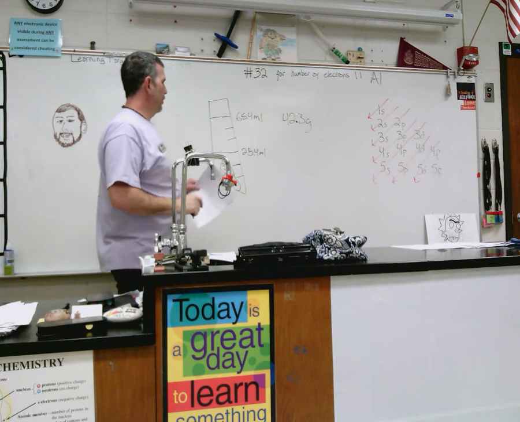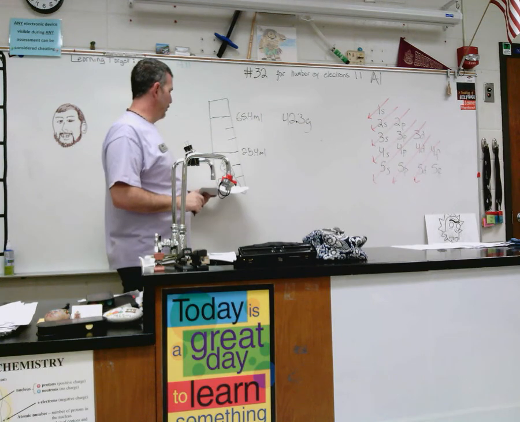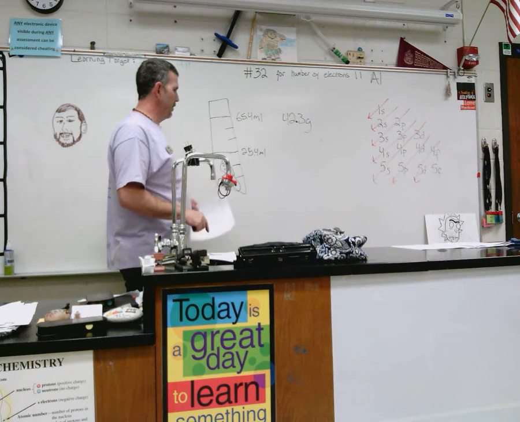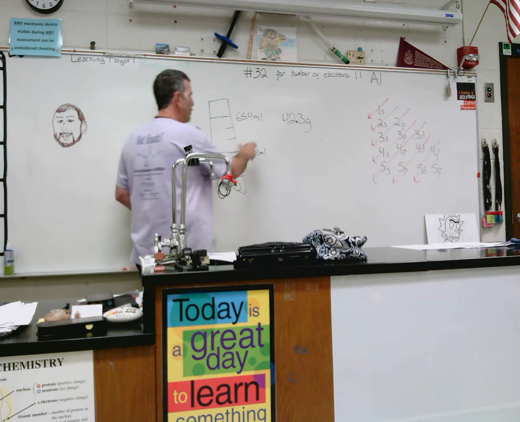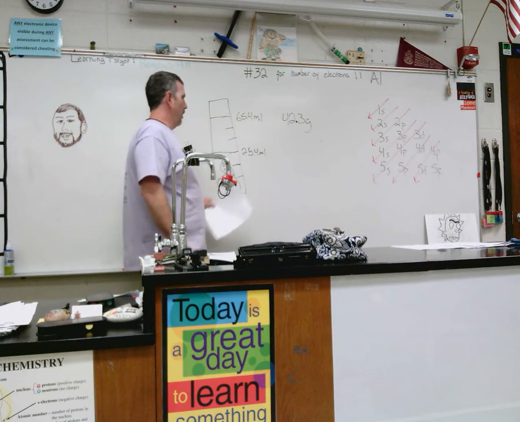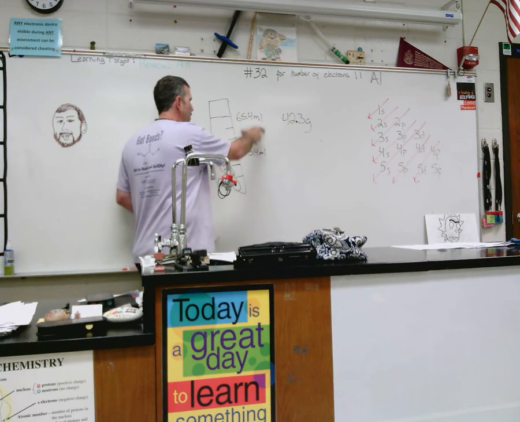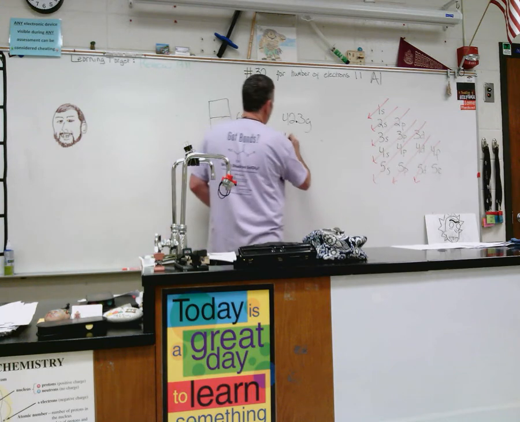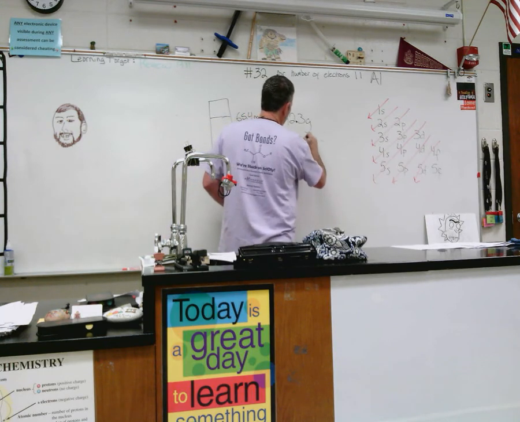So in order to do a density calculation, I need the volume of this object. Whatever our displaced volume was, that's what the volume of our object was. So how much change happened here? Well, 65.4 minus 25.4 equals 40.0 milliliters.